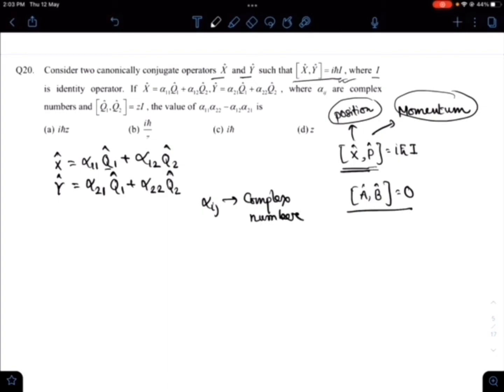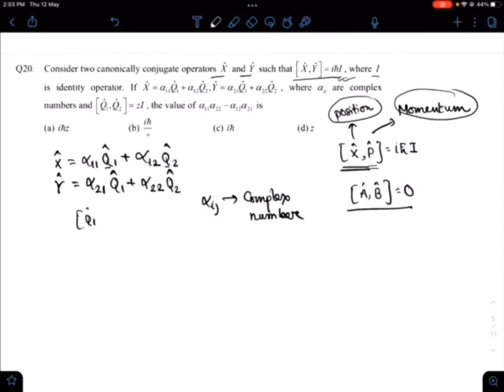These operators q1 and q2 are also not simultaneously measurable, so they also satisfy a non-zero commutation relation, which is given as i. We have to find the value of alpha 11 alpha 22 minus alpha 12 alpha 21.